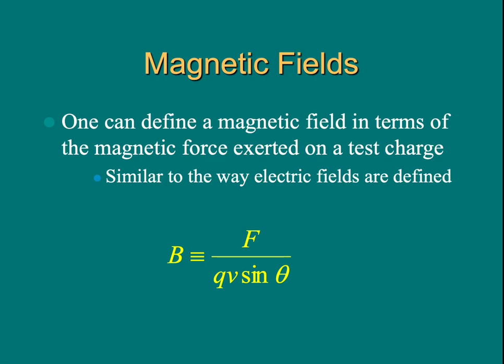Now for magnetic field, its strength is defined as force received by a test charge divided by charge, velocity, and sin theta. The theta would be the angle between the velocity of the particle and the magnetic field.